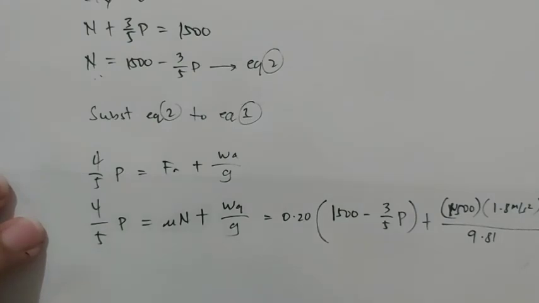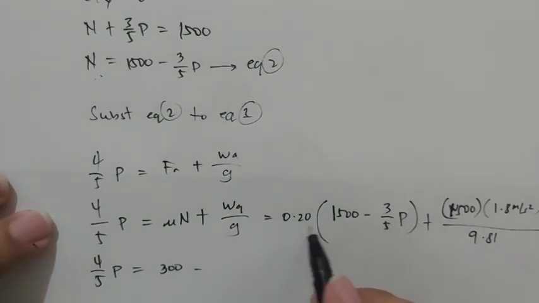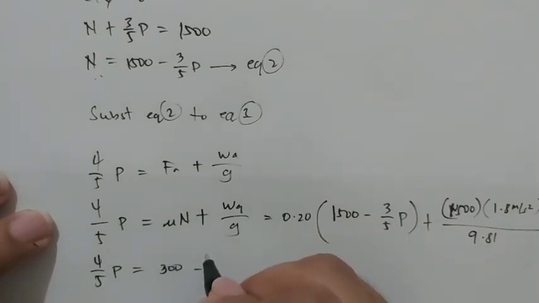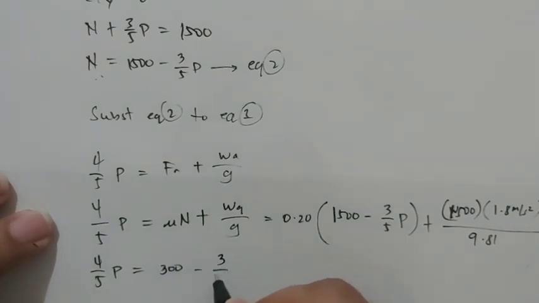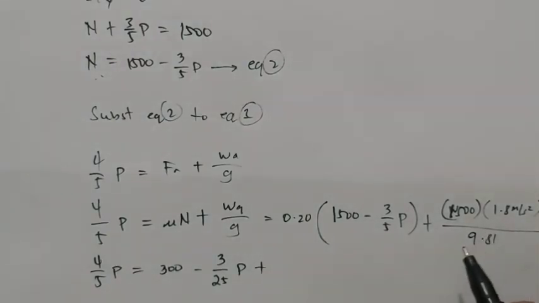So solving, so eto simplify muna natin. 4 over 5 P is equal to, so simplifying 0.2 times 1,500 is 300, then minus, so 0.20 times negative 3 over 5 P is equal to negative 3 over 25 P. Plus, solve na natin to sa calculator.